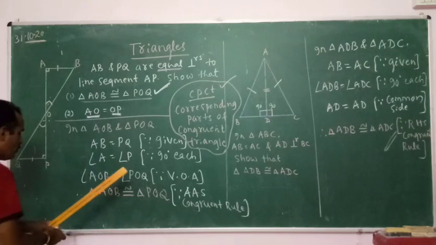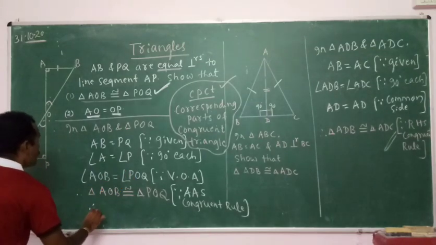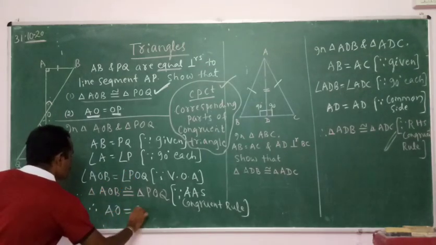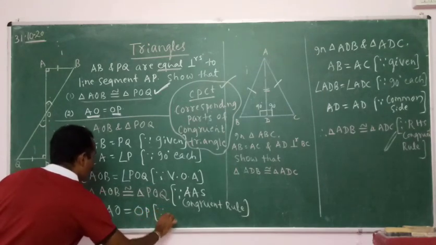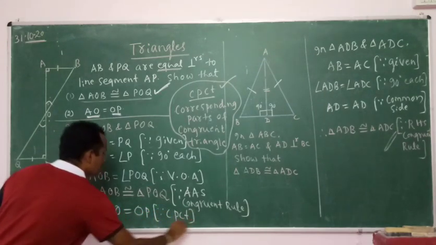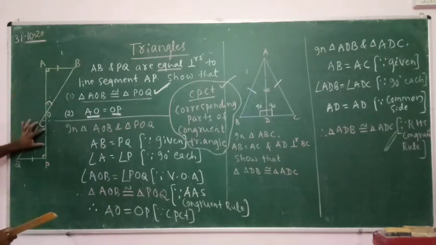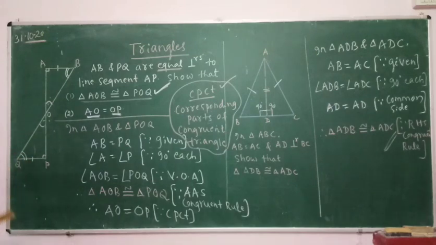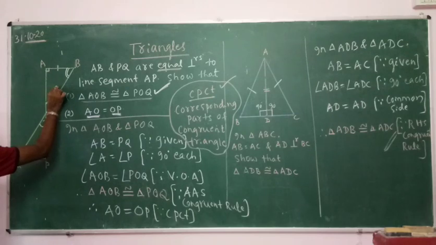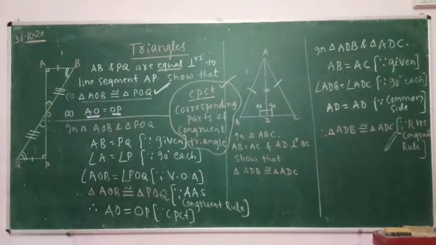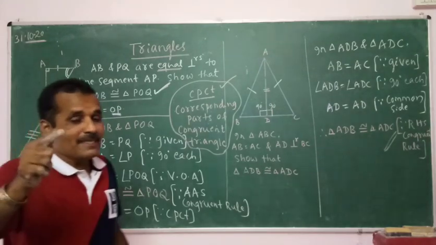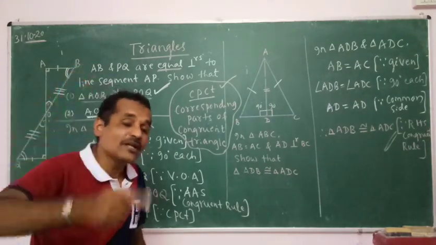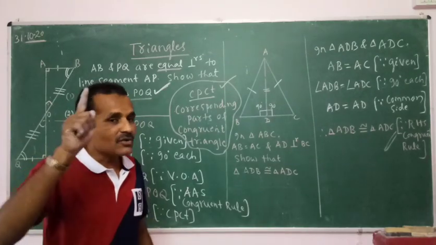Therefore AO is equal to OP, because of CPCT. Not only this, you can say angle B is equal to angle Q because of CPCT. But CPCT will come into the picture only when you prove the triangles are congruent.